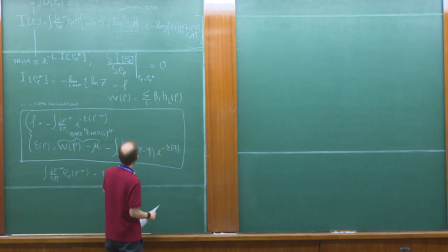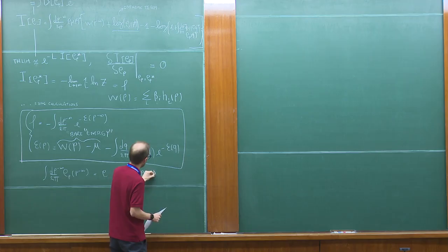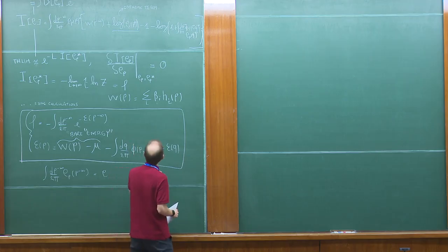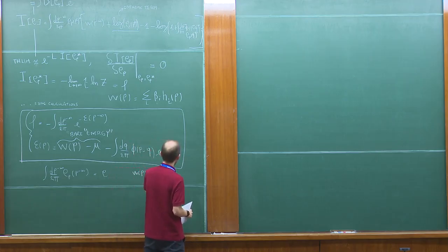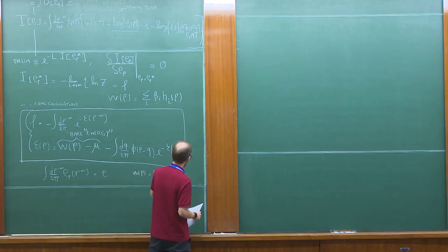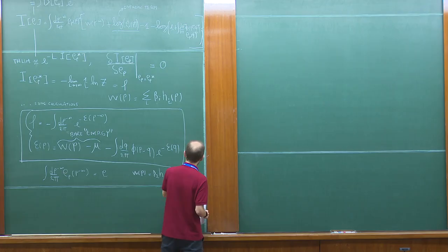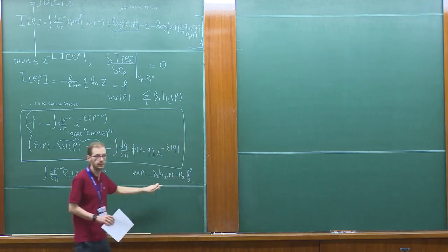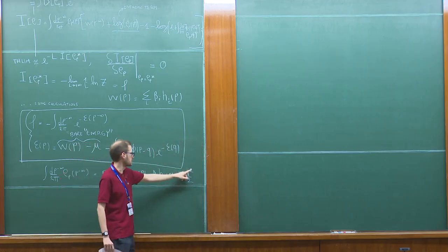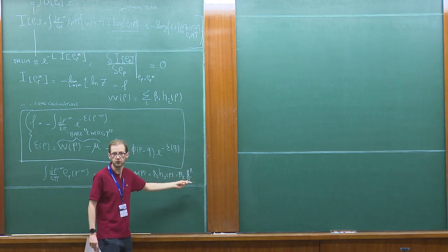If you have only the temperature, for a purely thermal case, this W p is beta 2 times H2 of p, so beta 2, which is the inverse temperature, times p square over 2. So it's the temperature times the bare energy, p square over 2, of a quasi-particle.